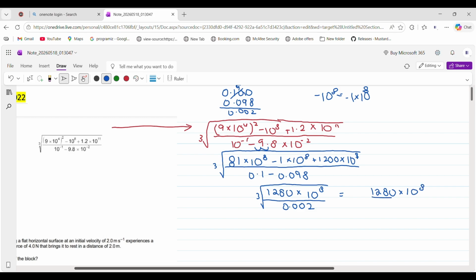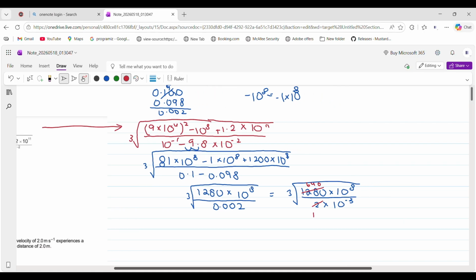If I have to write it in exponential form, how can I write it? So 2 into 10 to the power, this point moved 1, 2, 3, 3 times to the right hand side, which means minus 3 power, right? All under cube root. So basically now 2 into 1 is 2, 2 into 6 is 12, 2 into 4 is 8, 0. So now it is 640 into 10 to the power 8.